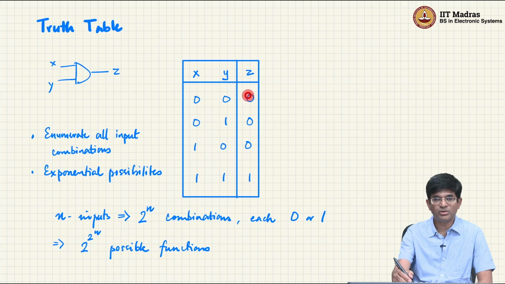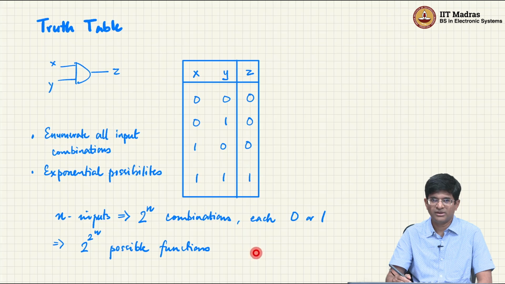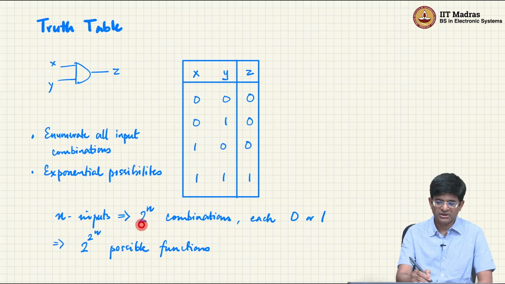And each combination of zeros and ones that you have over here represents one particular function, one input to output mapping. From that, you can infer that if I have n inputs, I have 2 to the power of n combinations and therefore 2 to the power of 2 to the power of n possible functions.